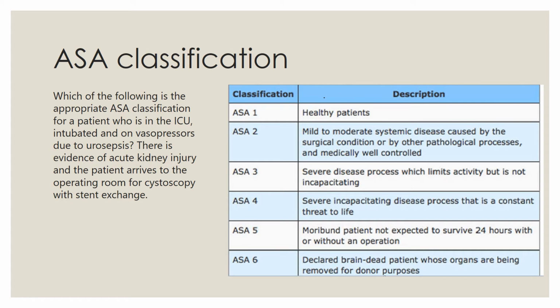And so therefore it's a constant threat to life, but there's not necessarily evidence that the patient will die without this procedure. A true ASA5 would be some patient that came in and was on the cusp of death without dramatic action.